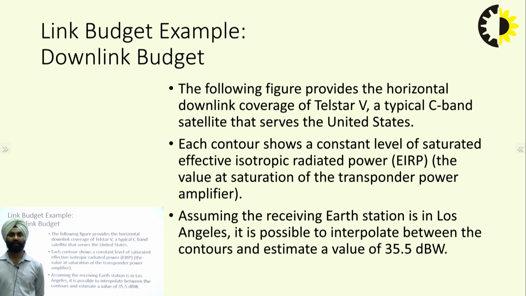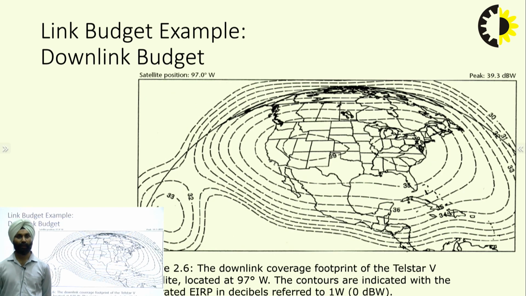Assuming the receiving earth station is in Los Angeles, it is possible to interpolate between the contours and estimate a value of 35.5 dBW. These curves indicate the saturated EIRP in decibels relative to 1 watt. So this is the footprint of Telstar 5.